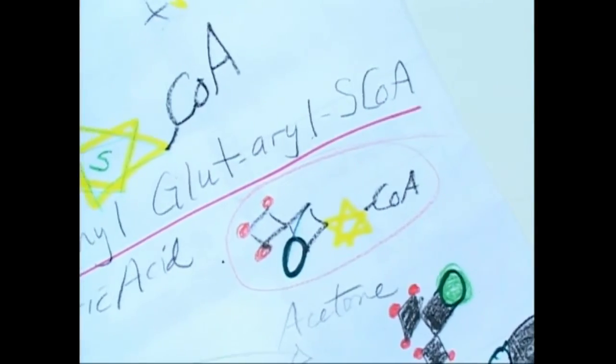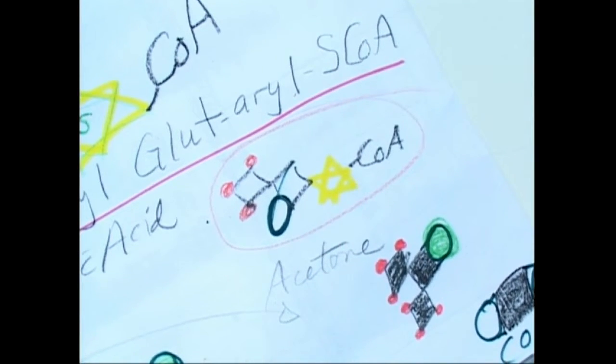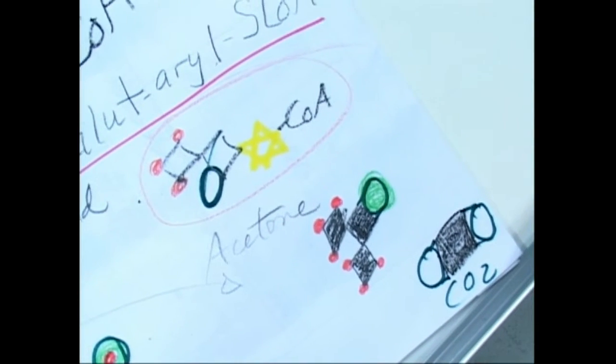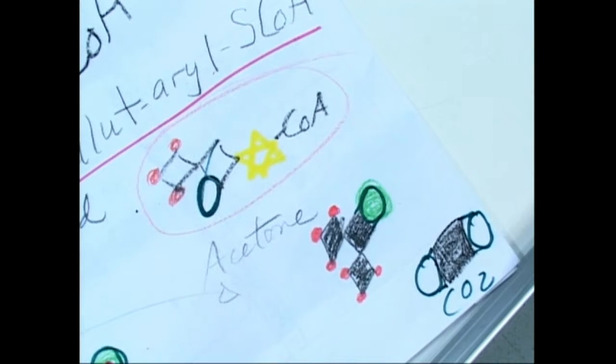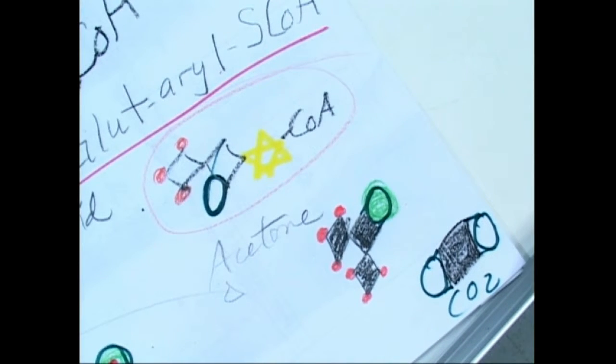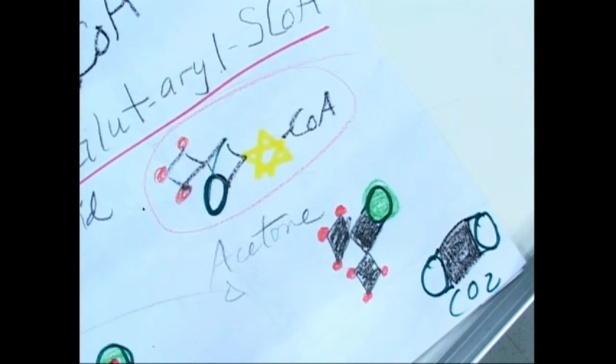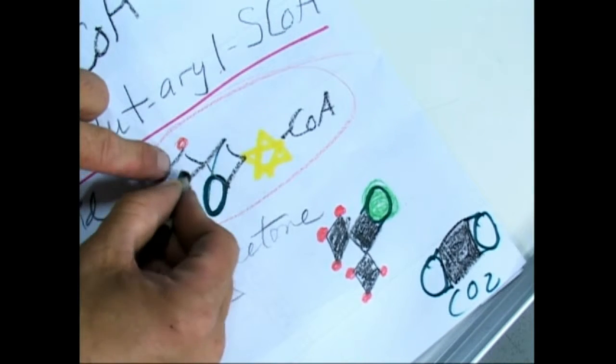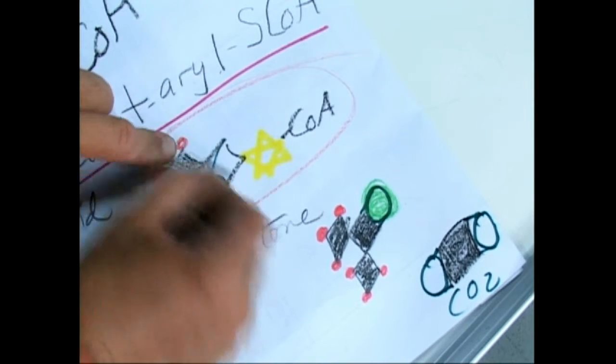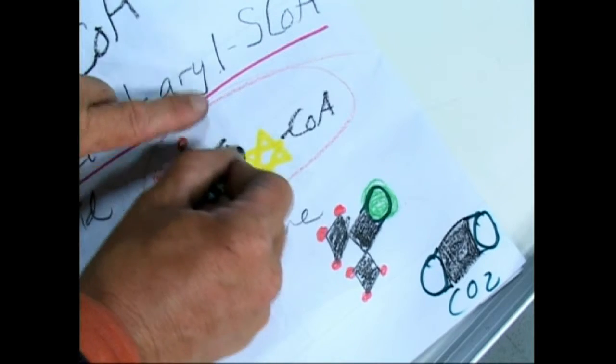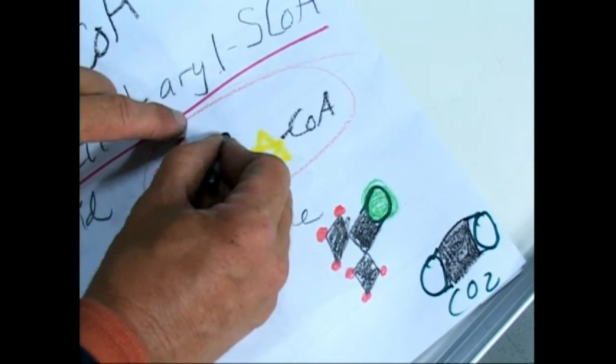What this can also go over to is Acetyl-CoA with acetone and CO2. Let's color that in since we did it all. Double bonded O there.